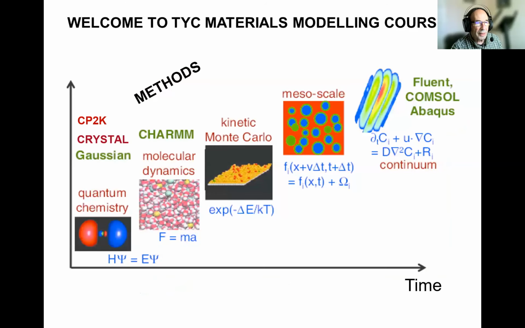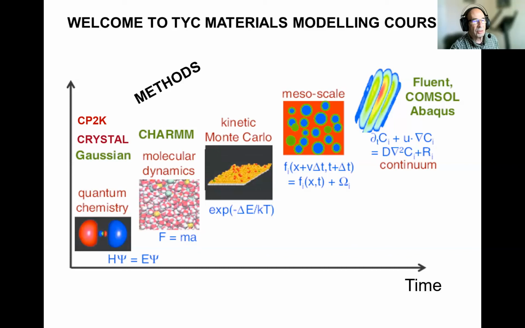The methods which we are going to deal with are these types of codes like CP2K, CRYSTAL, VASP, Gaussian, etc. In the next several weeks, you will get an introduction to that.